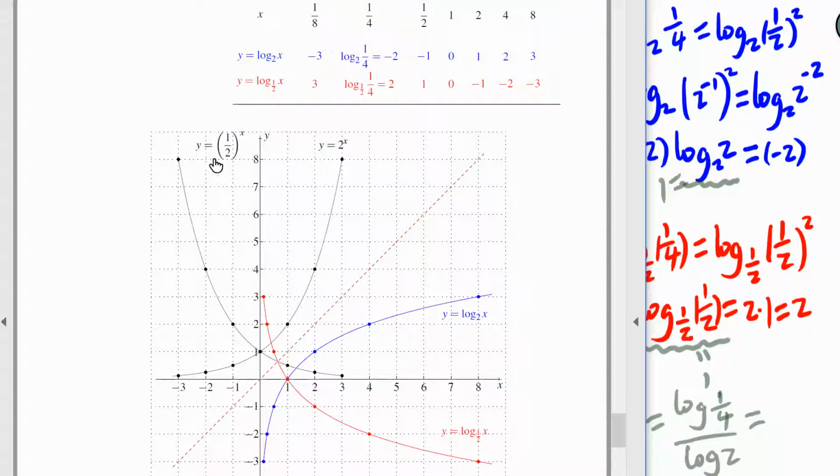And y equals (1/2) to the x is a decreasing function. The graph of (1/2) to the x and y equals log base 1/2 of x is also a decreasing function. Those two functions are symmetric with respect to y equals x, this line.